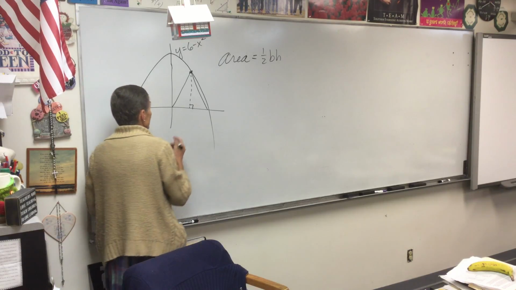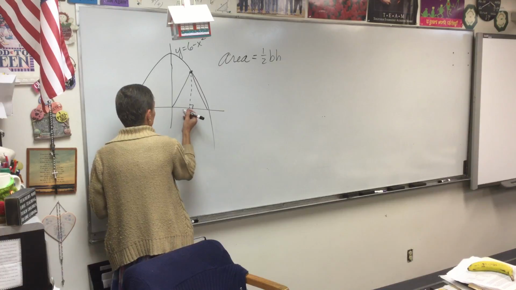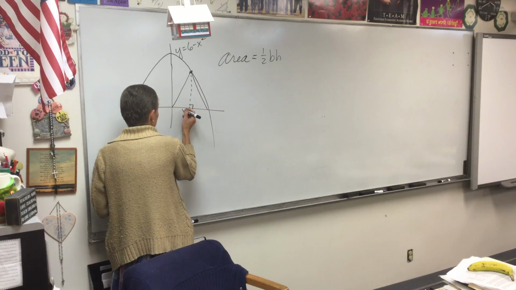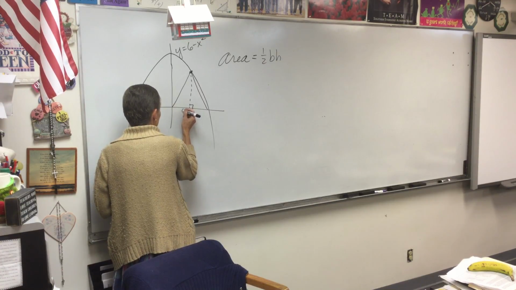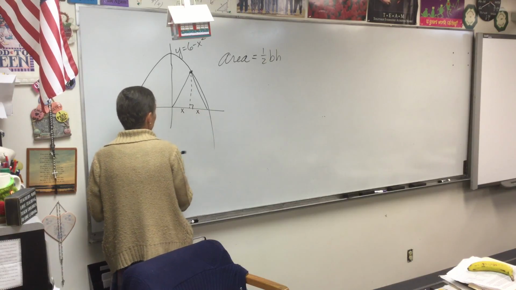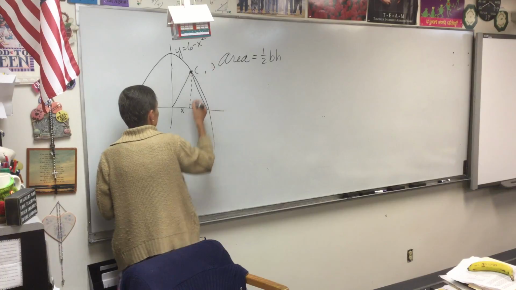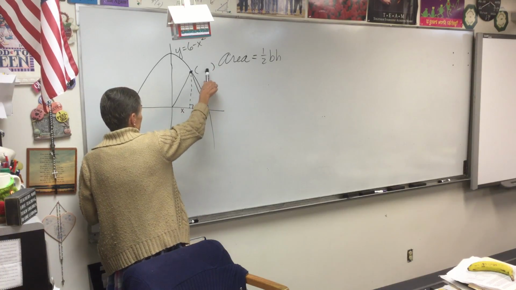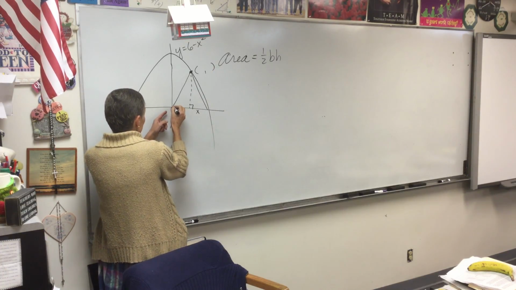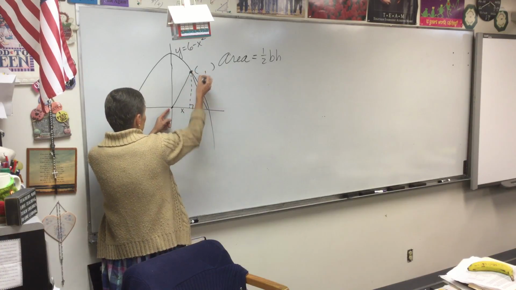Cuts it in half. I guess I'll just call this x, and then this will be x. And this point right here, here's the origin. What would be the coordinates of that point?